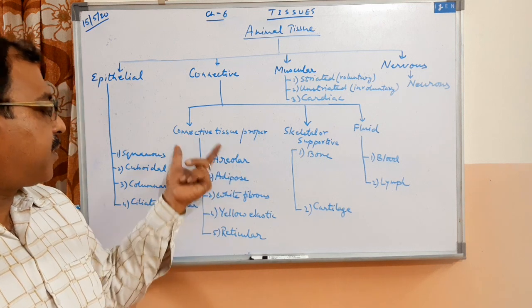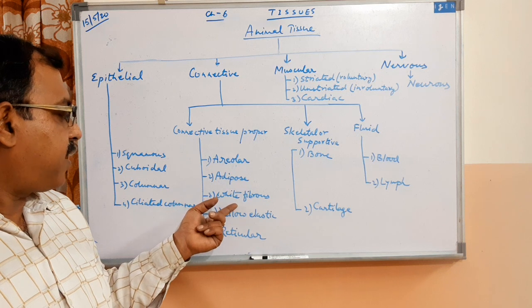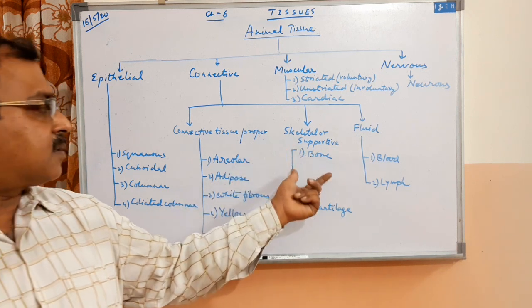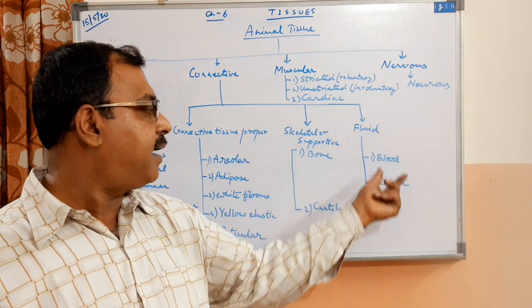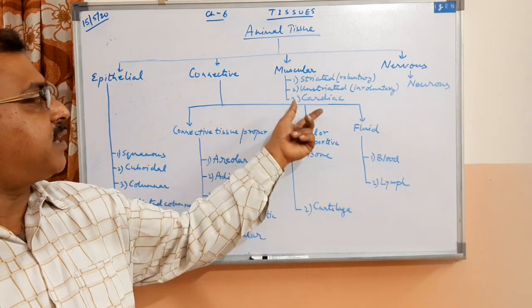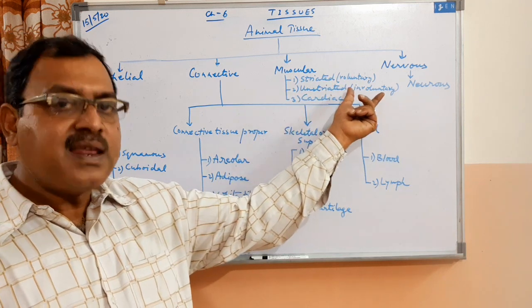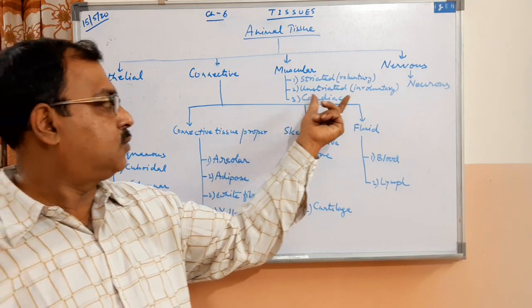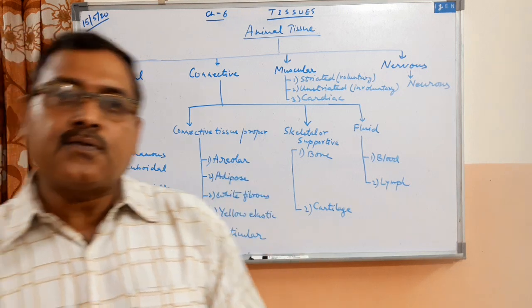In connective tissue proper there are 5 different types of tissue: areolar, adipose, white fibrous, yellow elastic and reticular. In skeletal or supportive tissue, bone and cartilage, and in fluid connective tissue, blood and lymph. Third is muscular tissue. In muscular tissue there are 3 types: striated or voluntary muscular tissue, unstriated or involuntary muscular tissue, and third is cardiac tissue. And fourth one is nervous, which mainly consists of neurons.